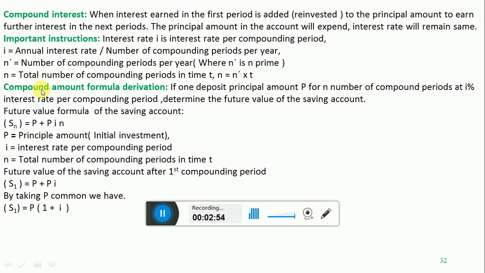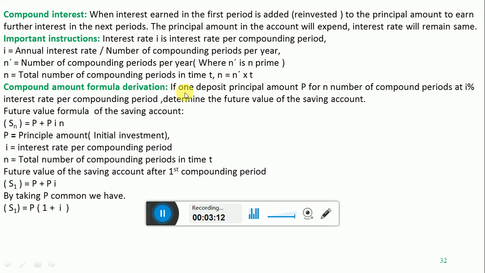We are deriving the formula for the compound amount. So, compound amount formula derivation. Suppose we are generalizing this approach. I am putting a general example, and from this general example I will develop the compound amount formula.